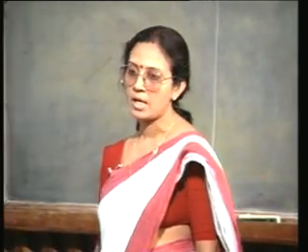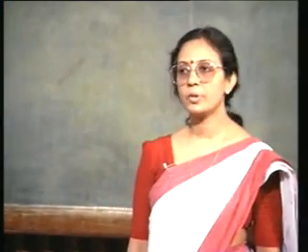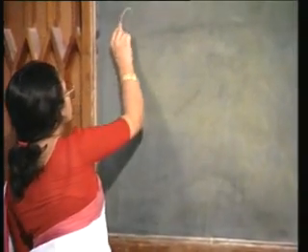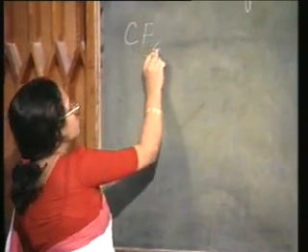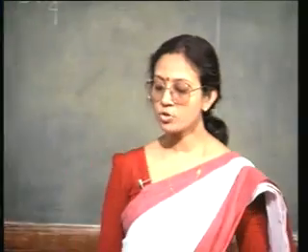Now, for silicon etching, the fluorine route has been used for a long time, very well understood, everybody knows what has actually happened. So, in this fluorine based etching, CF4 is most commonly used.